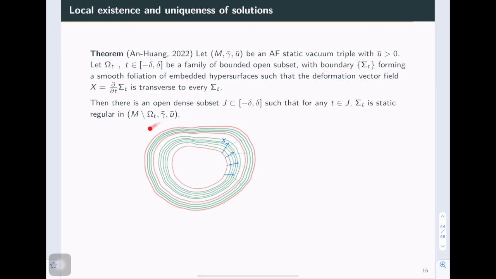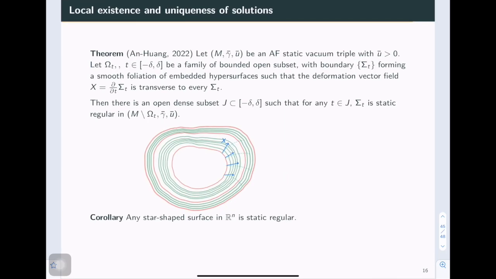It is also illustrated in this picture. If you have a family of surfaces sigma t in the background manifold M with the deformation vector field transverse to each hypersurface, then except for some discrete bad choices of the hypersurface, all the other hypersurfaces are static regular.